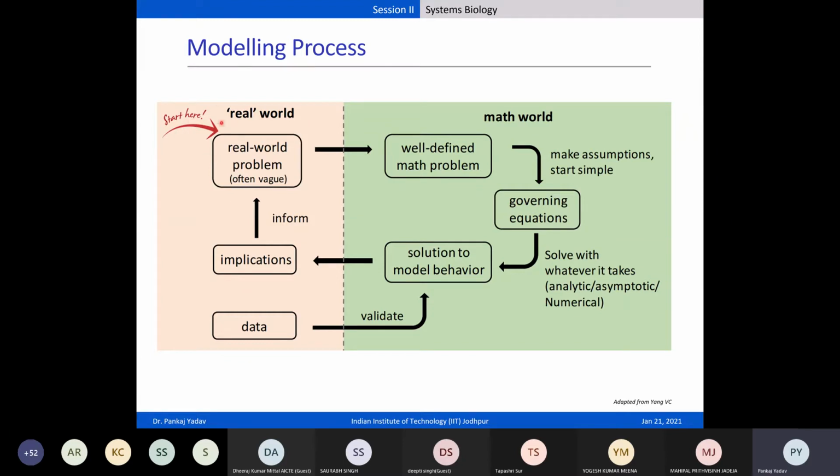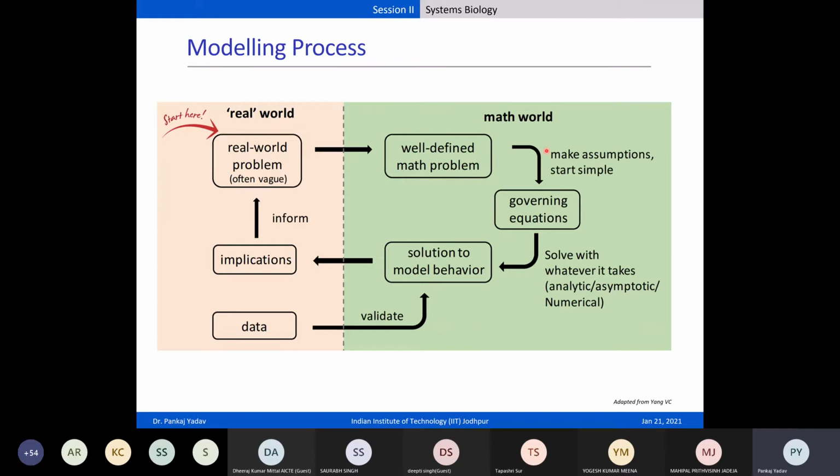And when we start with the modeling process, most of the time we start with the real world problem, right? And then we enter the math world, where we need to define this real world problem in terms of a math problem. So probably we have to come up with some equations, variables, and parameters that will describe this real world problem in terms of mathematical equations.